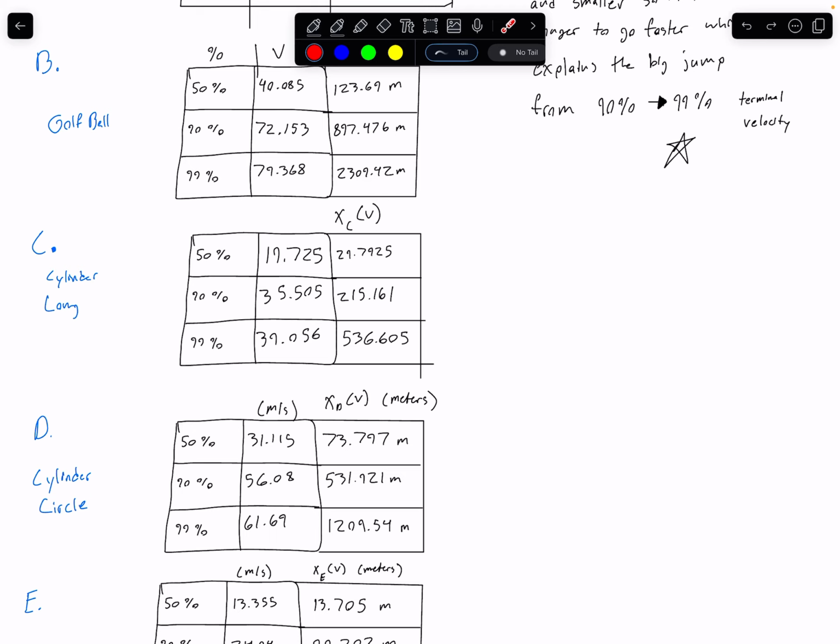Then for the long cylinder, when it's on its side like that, to reach 50% of terminal velocity, it takes 29.7925 meters, and 90% takes 215.161 meters, and 99% takes 536.605 meters.